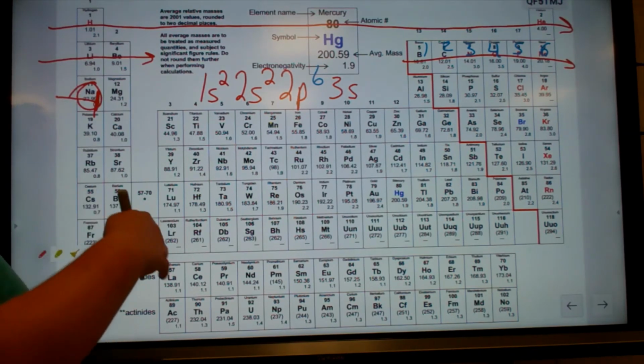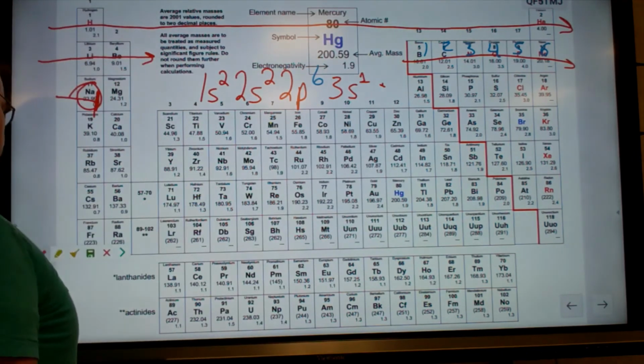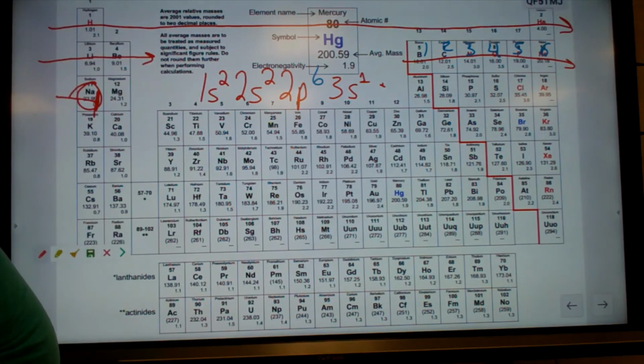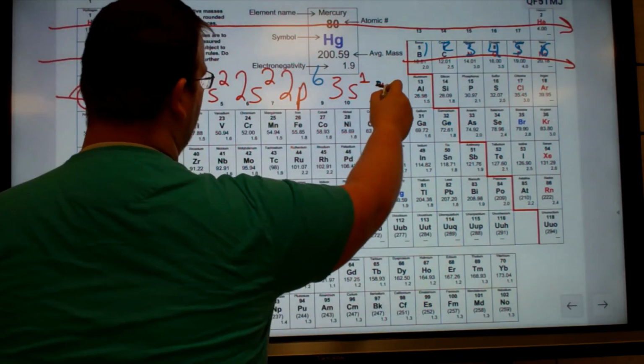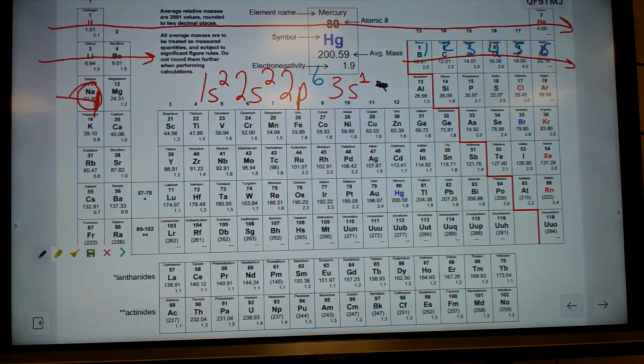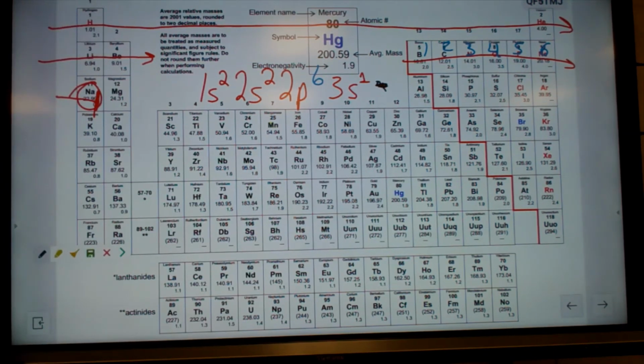So it's only 3S1. So you should see that that right there is the electron configuration for sodium: 1s2, 2s2, 2p6, 3s1. And it's the same thing we got over there on the board.